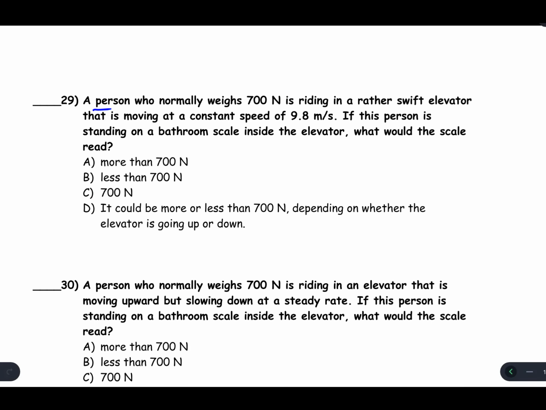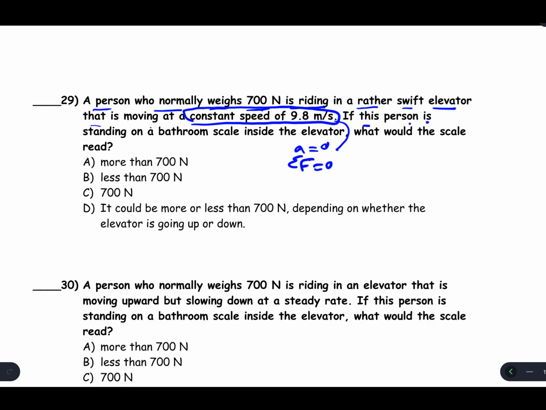29. A person who normally weighs 700 Newton is riding in a rather swift elevator that is moving at constant speed. Acceleration equals 0, the net force equals 0.